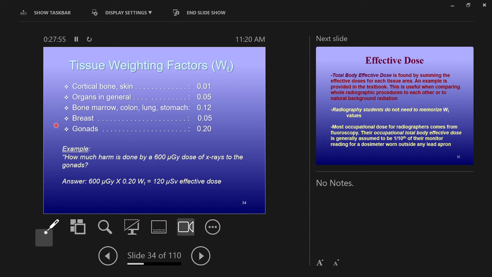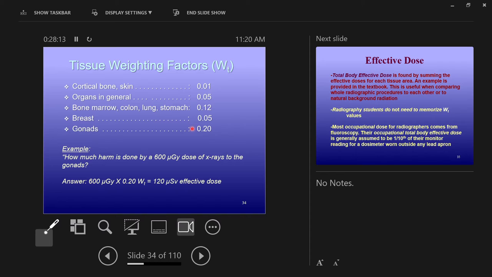So here's your tissue weighting factors. You have them on the bottom of the front page of the notes section. 0.01 for skin, 0.05 for general organs, 0.12 for bone marrow, 0.05 for breast, and 0.2 for gonads.